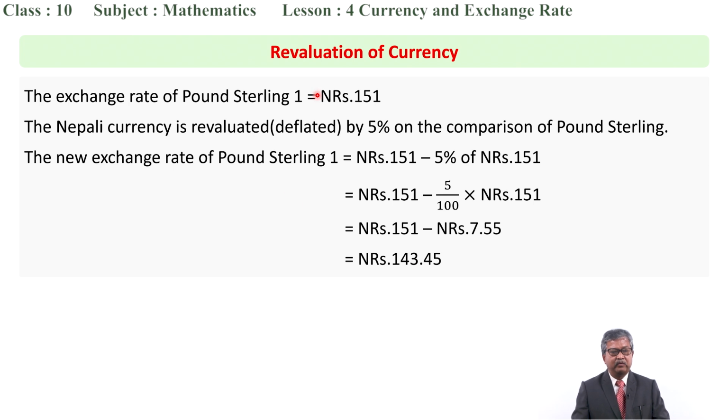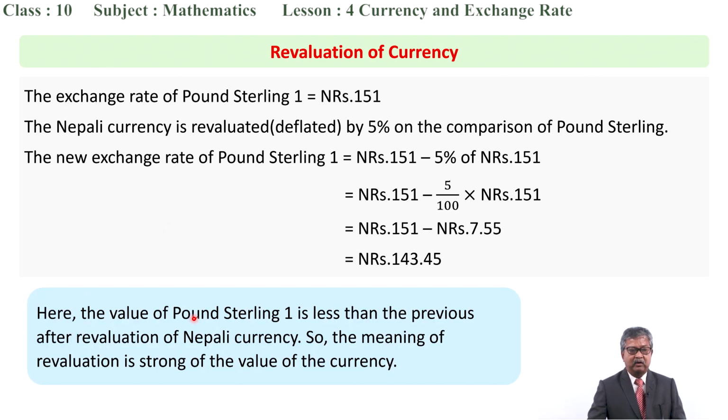It means before revaluation, for 1 pound sterling we had to pay 151 rupees, but after revaluation for 1 pound sterling we have to pay 143.45. So in that time we have to pay less money than the previous. So that's why it is revaluation. So from this example, we say that our country's currency is stronger than the pound sterling.